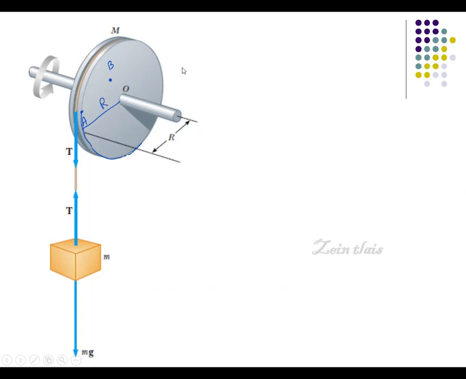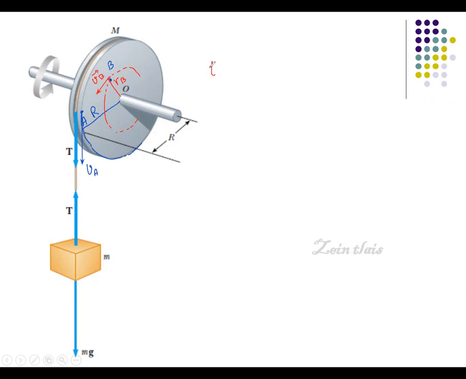So VA must be tangent to this trajectory. Here we have VA. And B will do another circular trajectory around the axis with a radius equal to RB, and the velocity tangent to the trajectory equals VB.